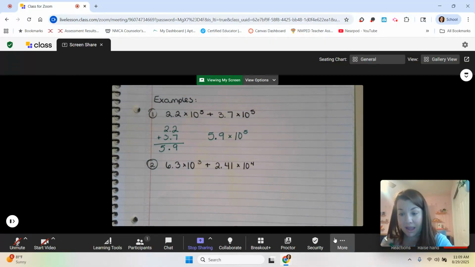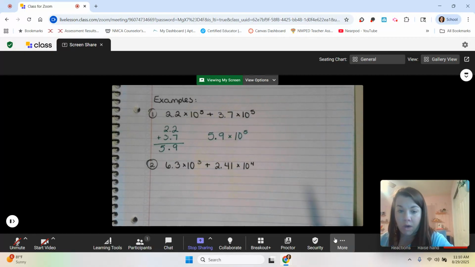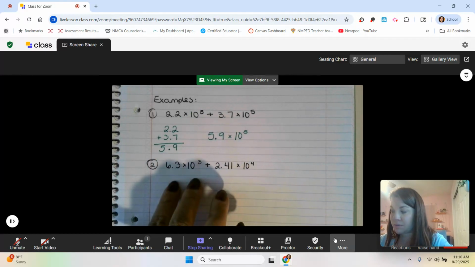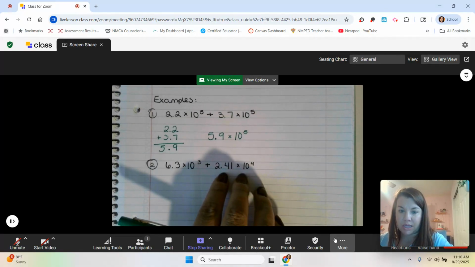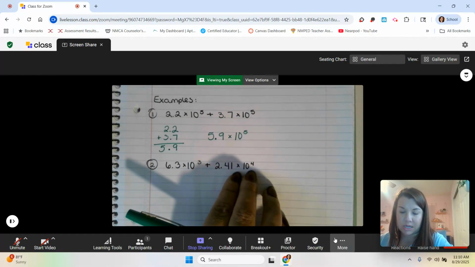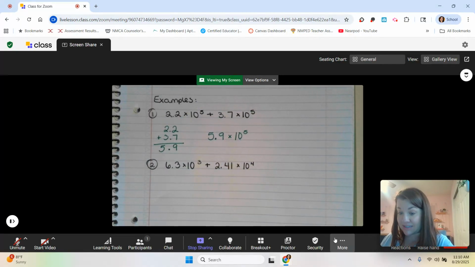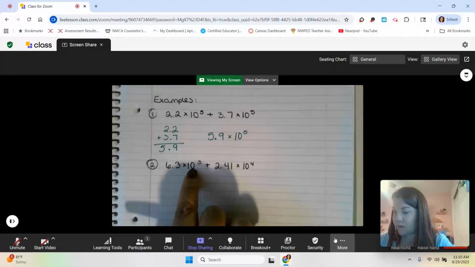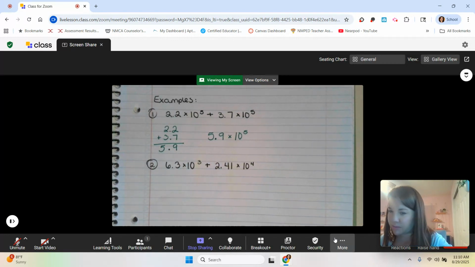Okay? So here's how I like to do it. And again, this might be slightly different than how it's presented in your lesson, but hopefully not too bad. My goal is to write at least one of these numbers to match the exponent in the other. So I'm going to take this one here, the 2.41 times 10 to the 4th. I like to write it back into standard form if I can, and then move my decimal to where it's only 3 spaces instead of 4. So let me show you what I mean.